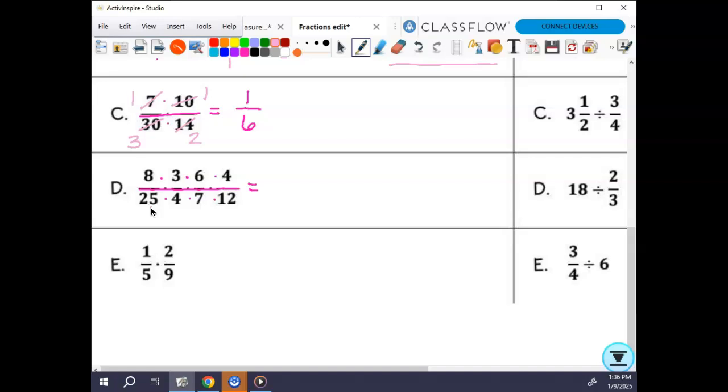I can cancel this. I can also just cancel my 4s out, right? That's fine. Can I reduce this 12 with anything? This 6. So 6 goes into 6 once, goes into 12 twice.